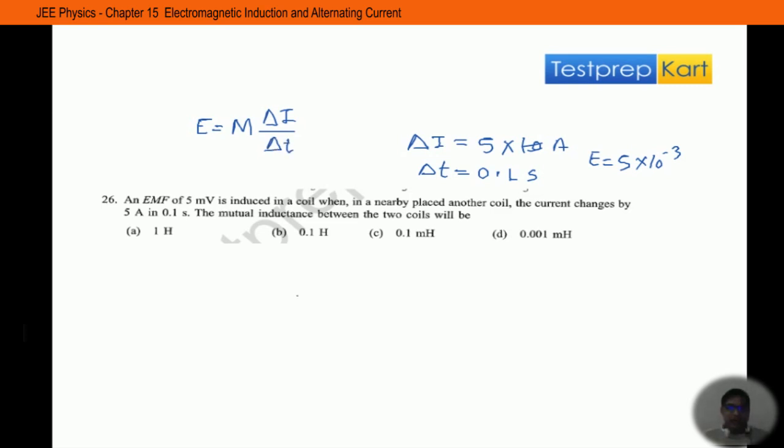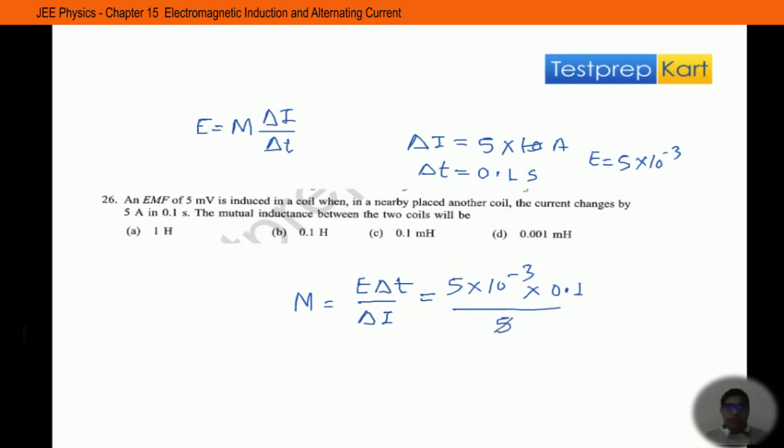From here we can calculate M equals E into delta T over delta I. So this is 5 into 10 to the power minus 3, delta T is 0.1 and I is 5.